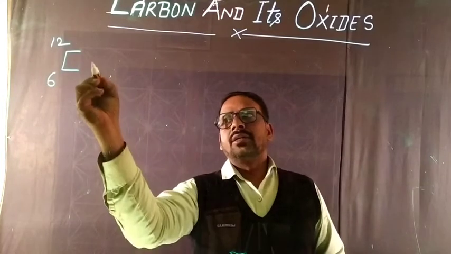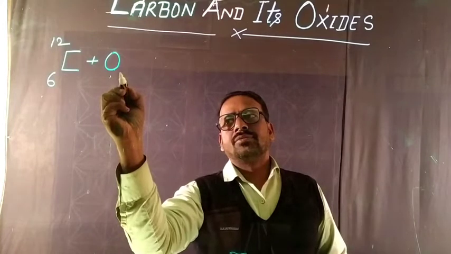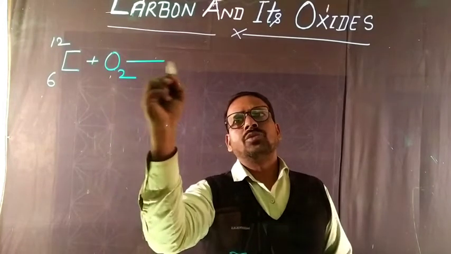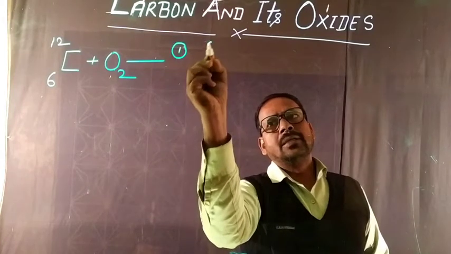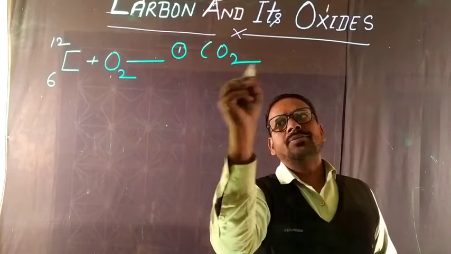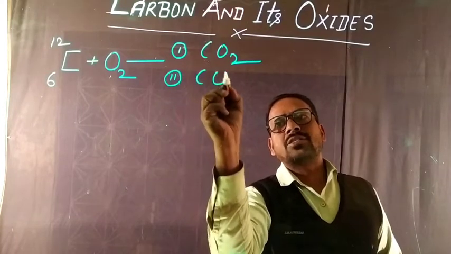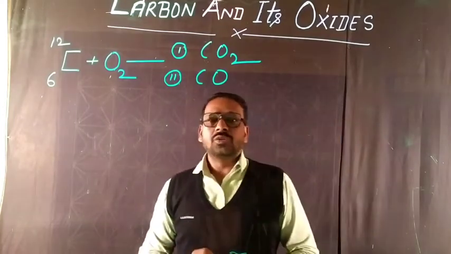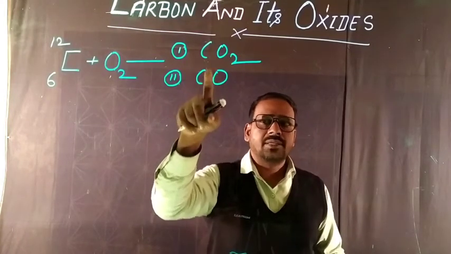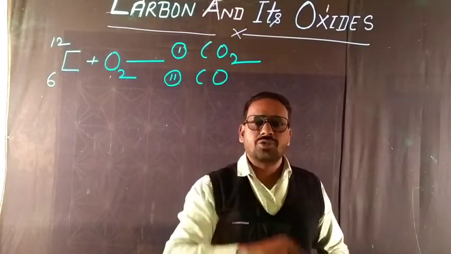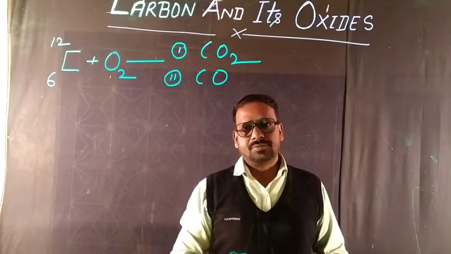Whenever carbon reacts with oxygen, it forms two things, either carbon dioxide or carbon monoxide. And you know that carbon dioxide is not very poisonous, but carbon monoxide is very poisonous and very harmful for our health.